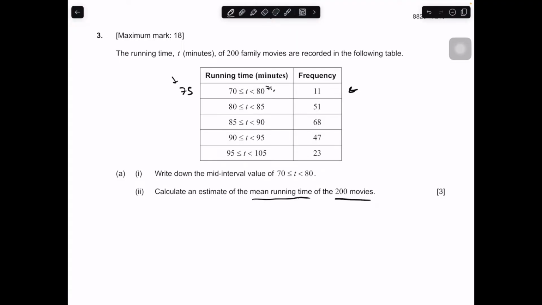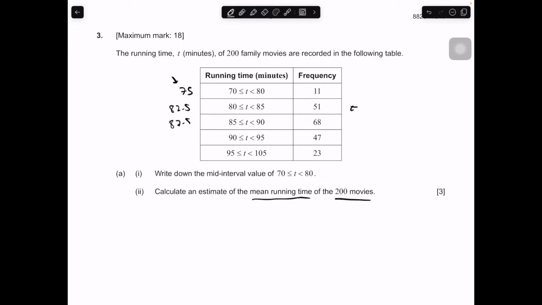That is to say, there's a 71, a 73, maybe a 75 and a 79, but on average, if we were to take these 11 movies, the average runtime would be roughly 75 minutes. And same thing for this 51 movies right here. We don't know the lengths of the individual movies, but on average they're 82.5, and same here for these 68 movies.